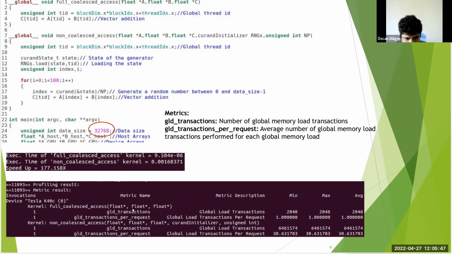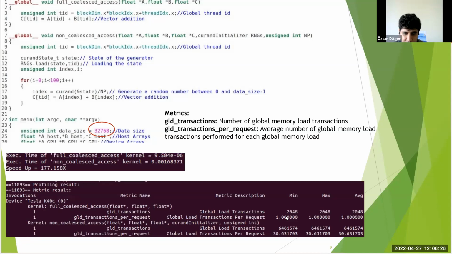Here, for the full coalesced access, the total number of global load transactions is 2048. 1024 is for loading A, and 1024 transactions are for loading B. When we take their average, as you see, we get 1, because all of the global memory operations perform exactly one transaction.